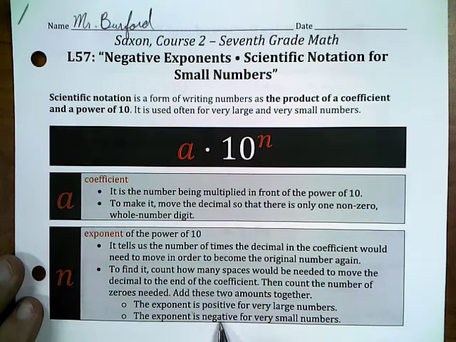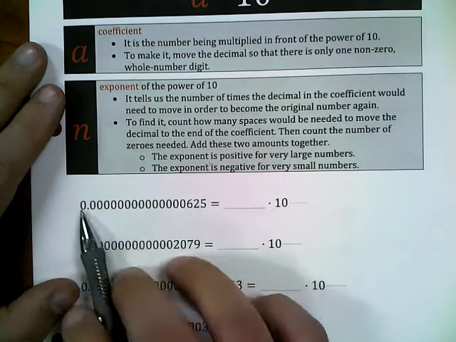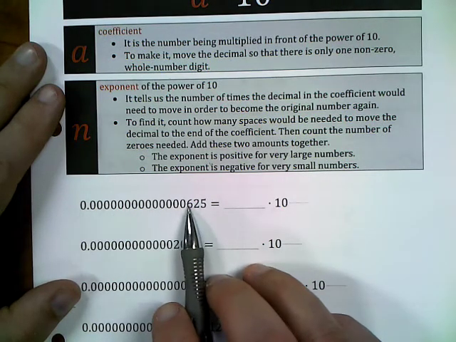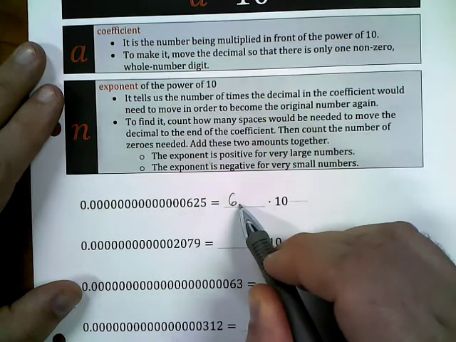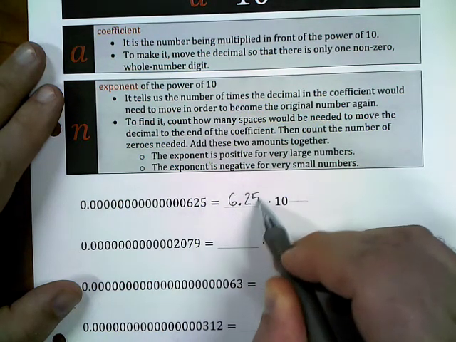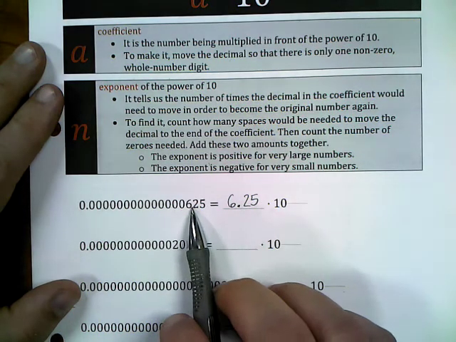So if we take a look at our first example here, we've got a bunch of zeros. Ignore the zeros, so my first whole number digit will have to be 6, followed by a 2, 5 in the decimals. Now, if I've got my decimal right here, how many times would I have to move it to go back to the original?